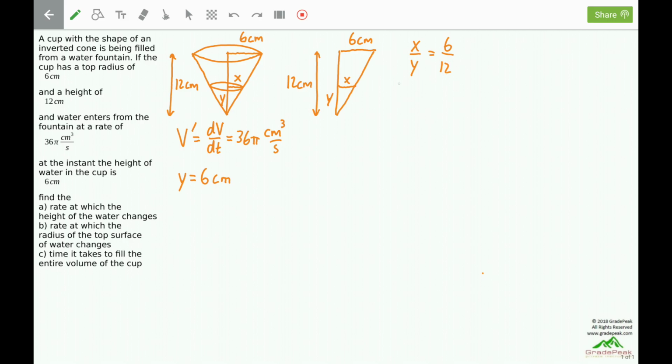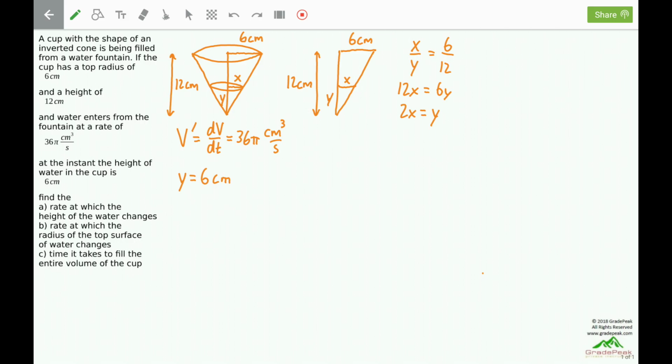We can now cross multiply, multiplying both sides by 12 and by y. And we can divide both sides by 6 to reduce this down. And 2x equals y.